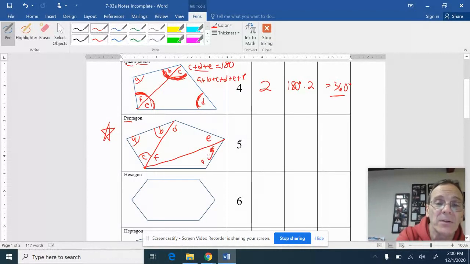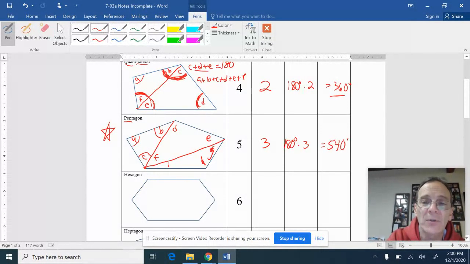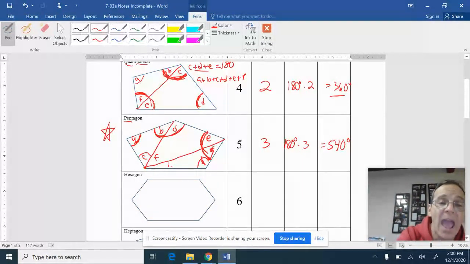So now we have an angle G and an angle H and an angle I. And so we've got 3 triangles that we've carved out of this pentagon, and each one of those triangles has 180 degrees worth of angles in it for a total of 540 degrees between that original angle of the pentagon, that original angle of the pentagon, this one, and that original angle.